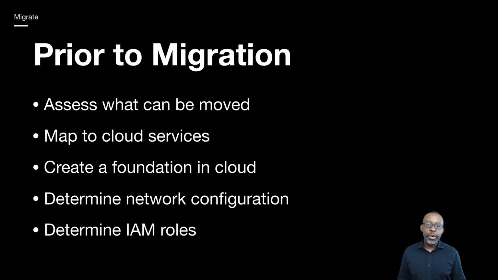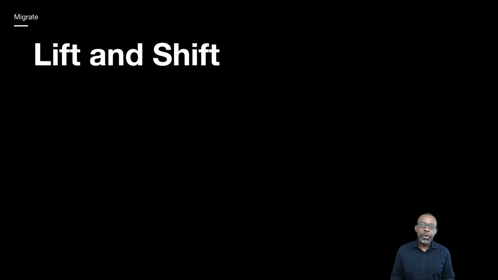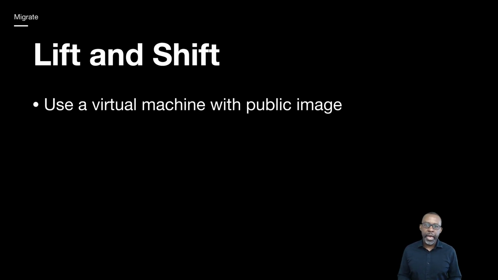In order to secure your workloads and applications, it is important to define roles and enforce identity and access management policies prior to migration. Many cloud customers begin their migration journey to the cloud using a lift and shift strategy. And in most instances, the migrated VM uses a public image from Google's public catalog.